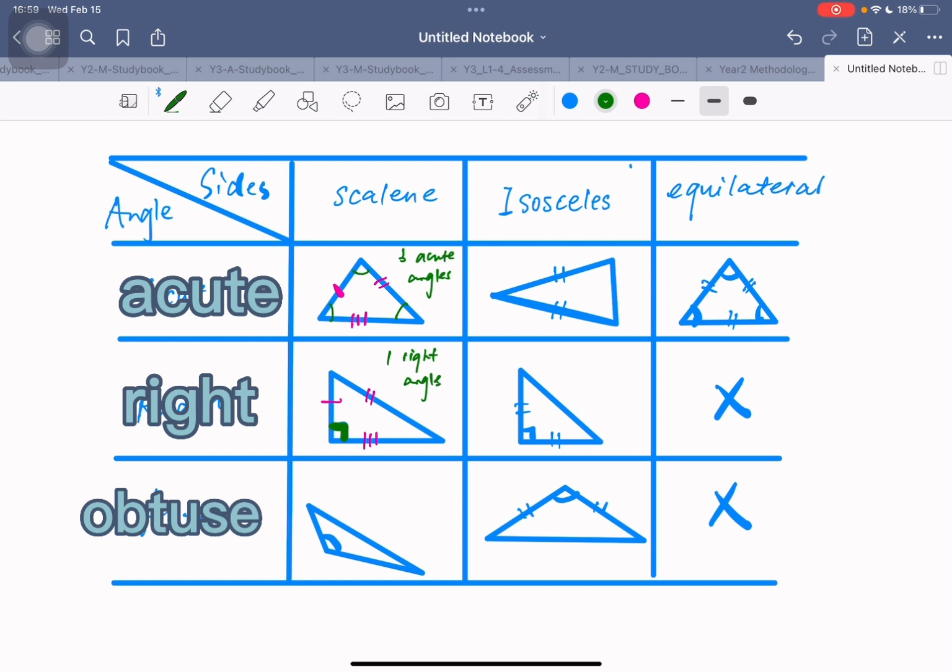And the third triangle we can have is the scalene obtuse angle triangle, which means all of the 3 sides are different, and we have an obtuse angle.